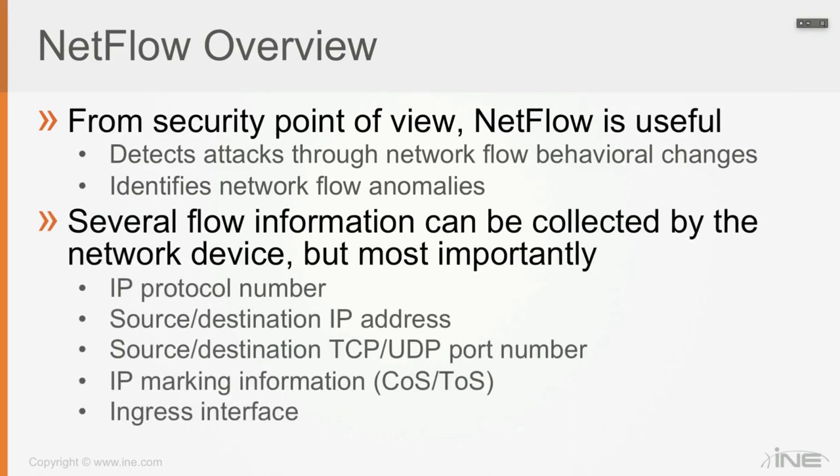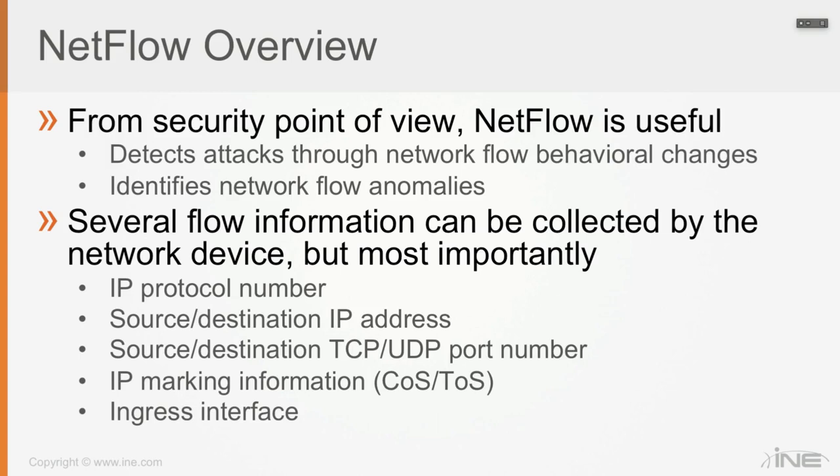Now, several pieces of flow information can be collected by the network device, but most importantly, the network device is going to send over to the collector statistics for all traffic transiting that network device. The network device is going to collect statistics about each flow, and it's going to collect the IP protocol number, like was that ESP, AH, GRE, what traffic was that.